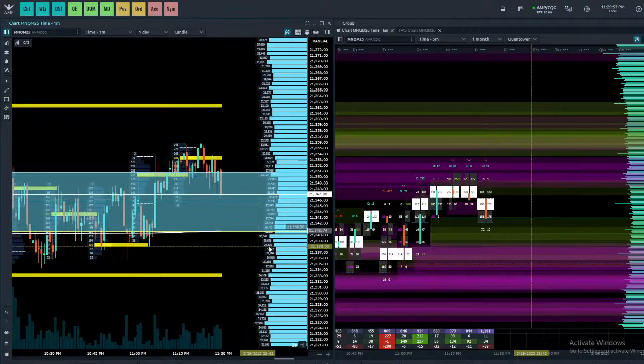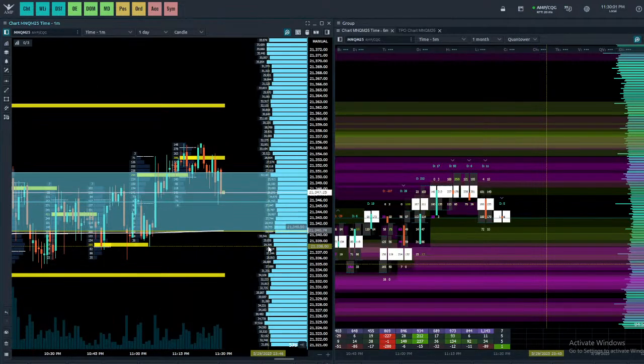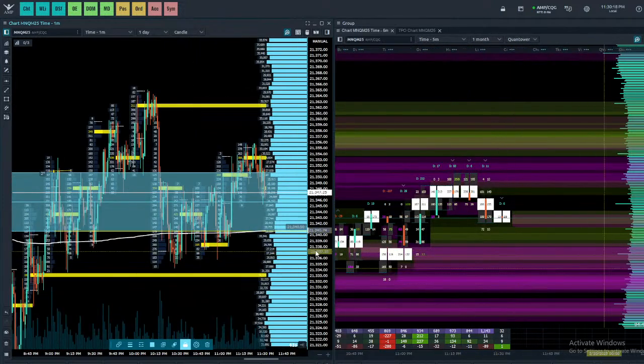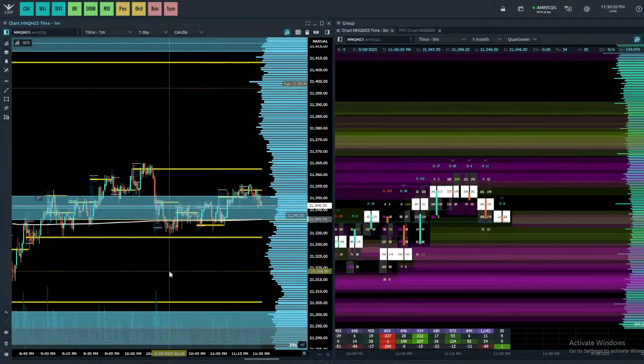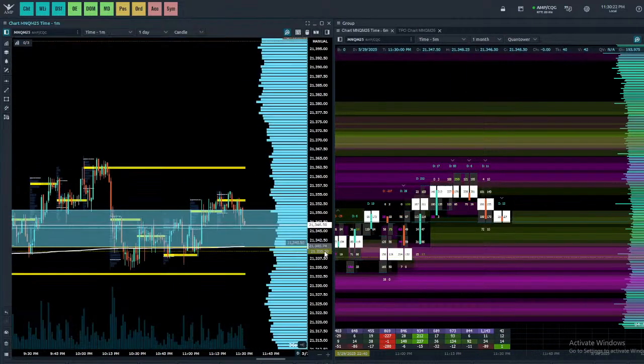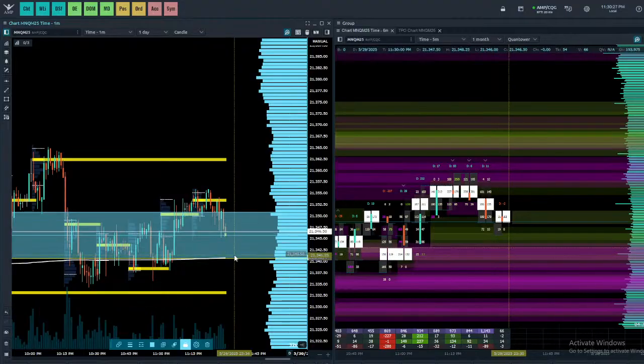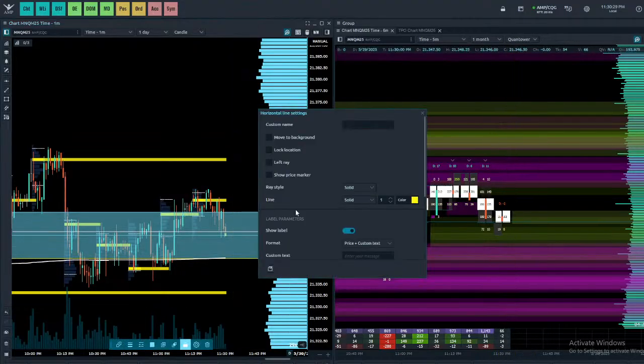Everything that you all are teaching me in this live is literally just dialing in my concepts of ICT, dialing in my concepts of fair value gaps, being able to see certain moves. And that's it now. I'm able to use my value, see my value, and map out my big zones, but I don't know how to use it properly together. How do I use the information that I have properly?